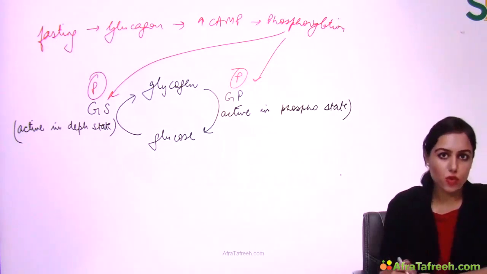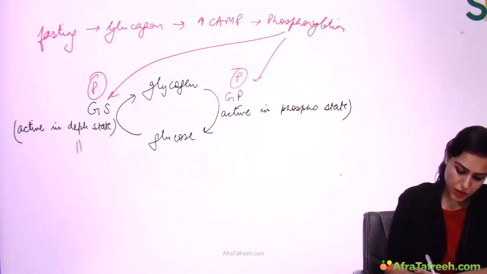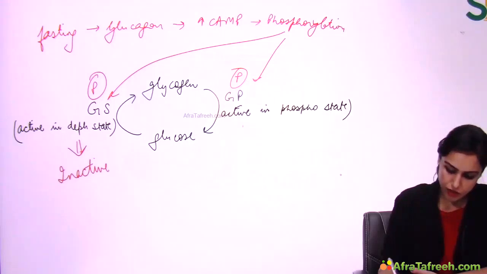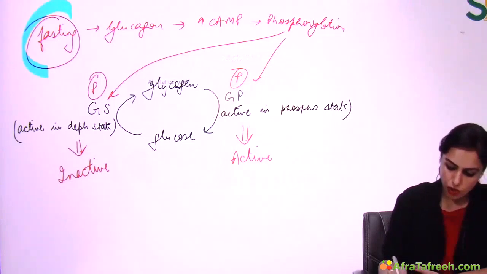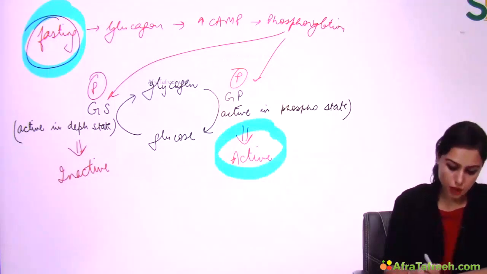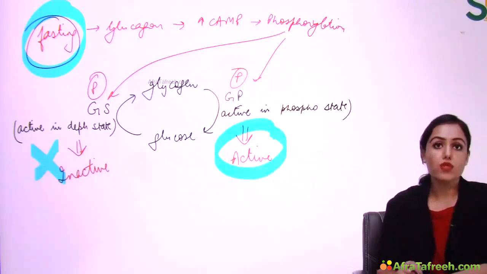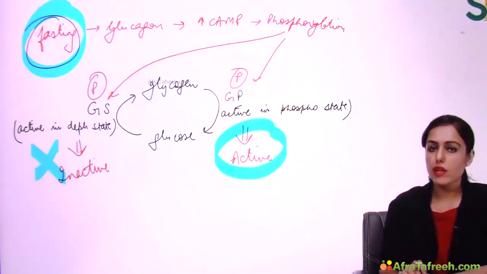Glycogen phosphorylase is also phosphorylated. When glycogen synthase is phosphorylated, it will be inactive. And when glycogen phosphorylase is phosphorylated, it will be active. This is what you want in fasting state. In fasting state, you want glycogenolysis to be activated, but on the other hand, you also want glycogen synthesis to be inhibited, right? So we are done for fasting state.